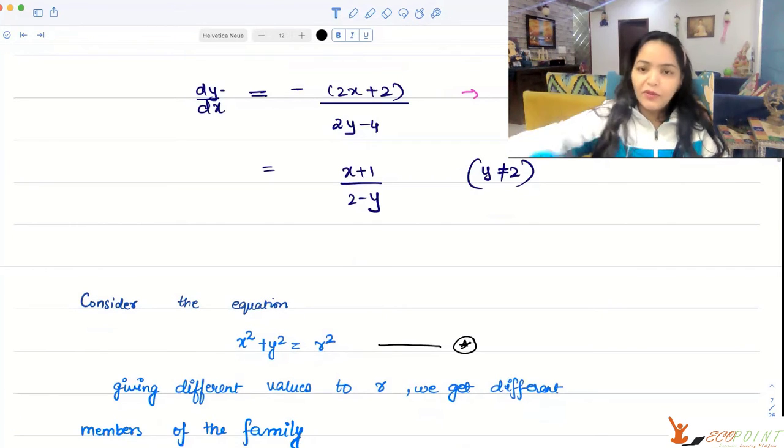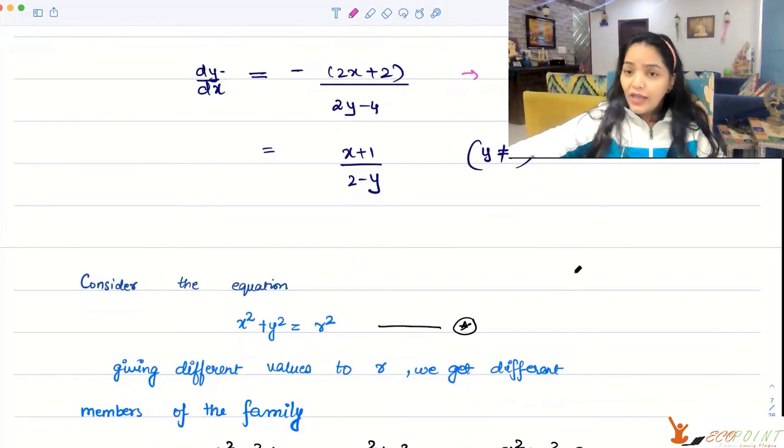This is a family of circles with center... I could have taken a family of circles with the center as minus 1 comma 2, which we had previously. Now I'm taking a simpler case where I'm taking a circle with center 0, 0. You can think of concentric circles where you have different r's, different radii.